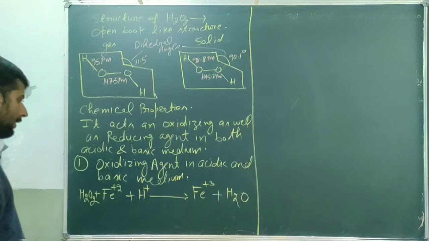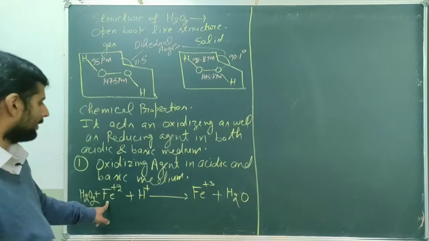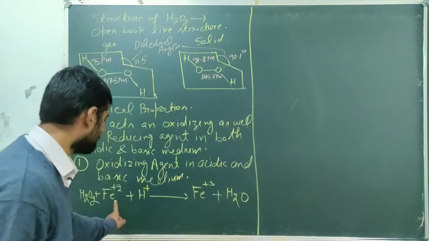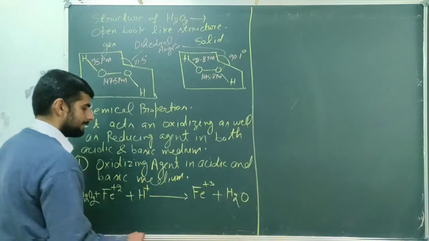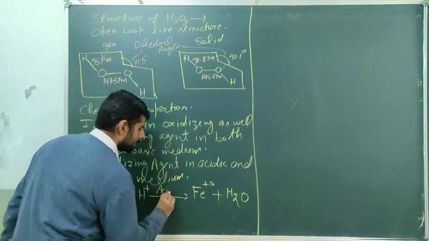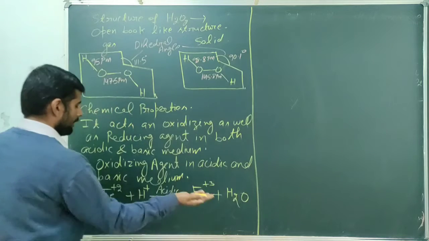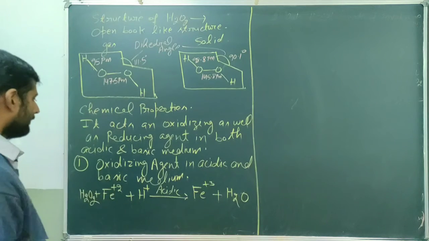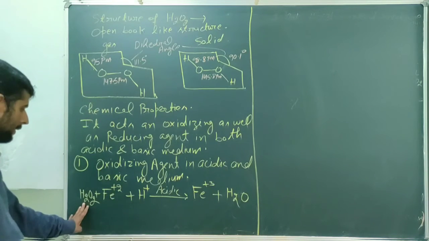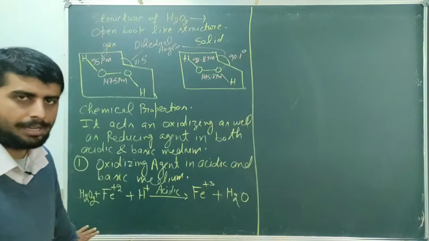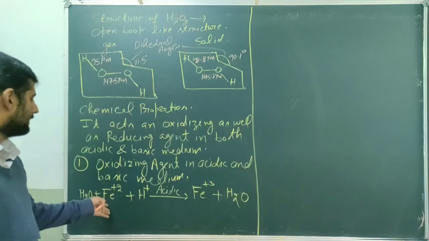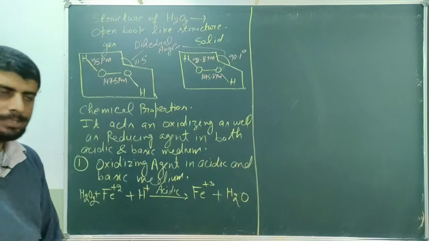Fe+2 is converted to Fe+3, so it is oxidation of Fe+2 to Fe+3. The medium is H+, that is, acidic medium we have taken. So because of H2O2, Fe+2 is converted to Fe+3. Here it oxidizes Fe+2 into Fe+3.